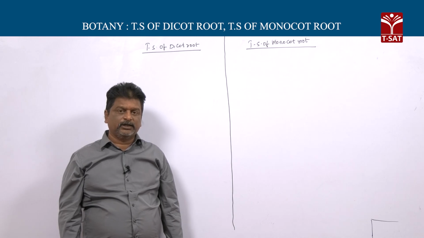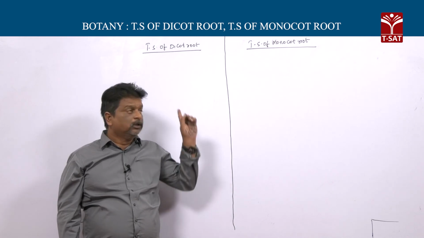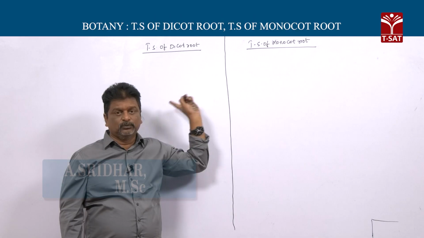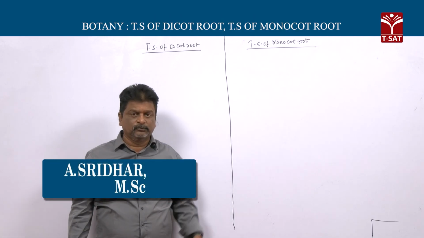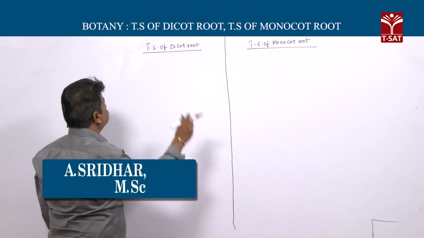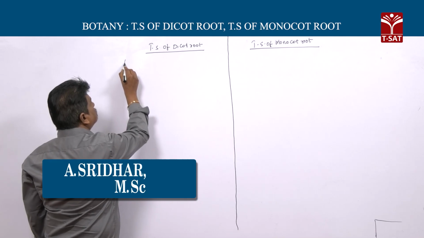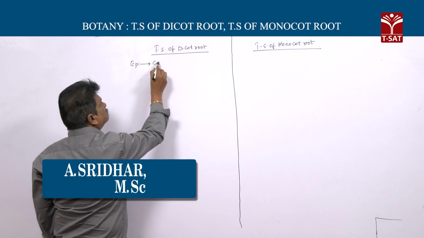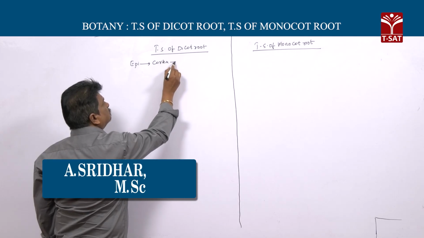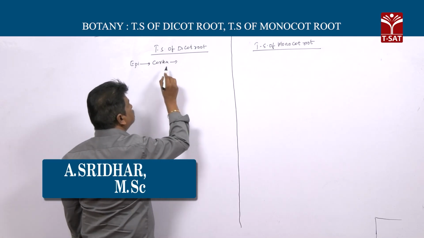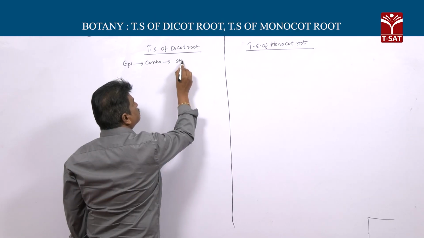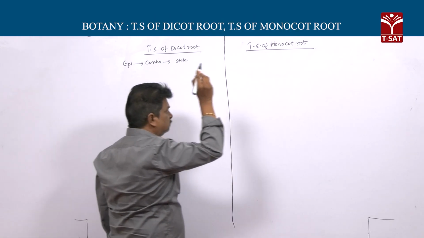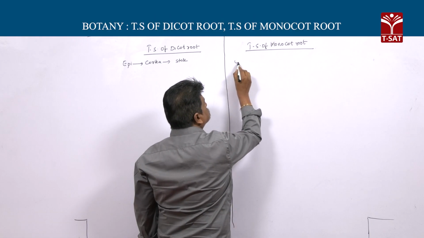Next discussion, anatomy. Under anatomy, T.S of Dicot and Monocot root both. Both roots show three parts: epidermis, cortex and stele.